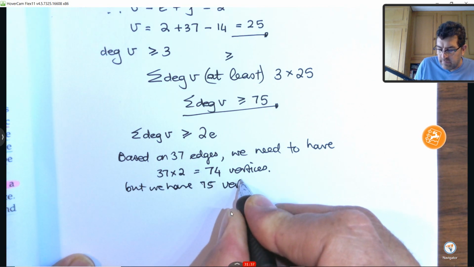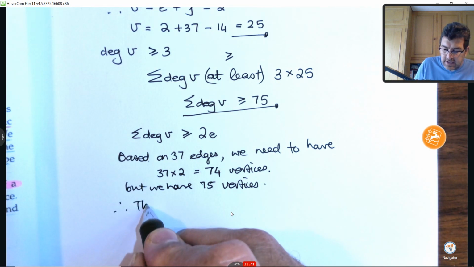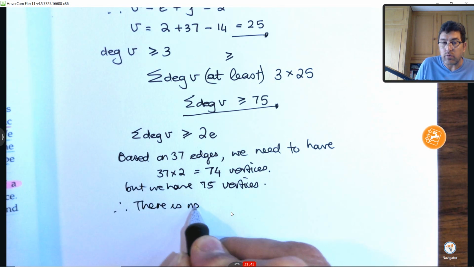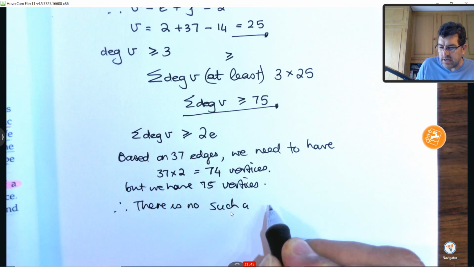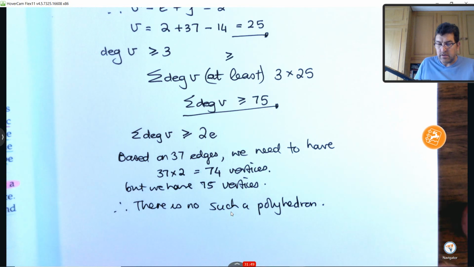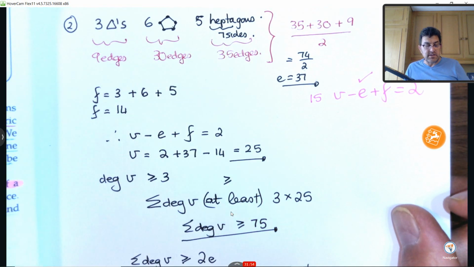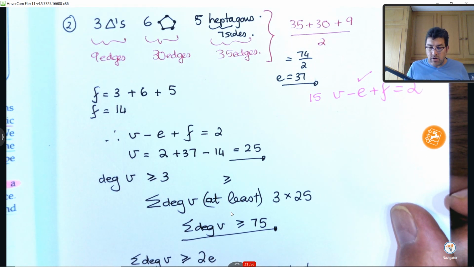So that concludes that there is no such polyhedron that consists of 3 triangles, 6 pentagons, and 5 heptagons.